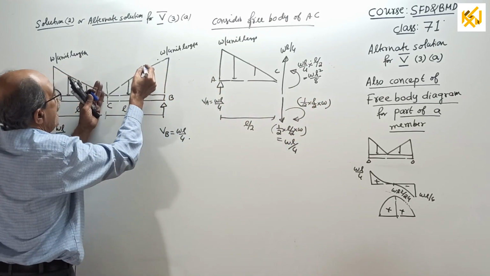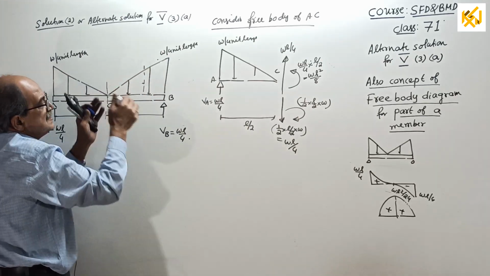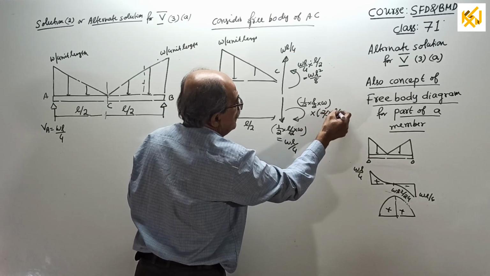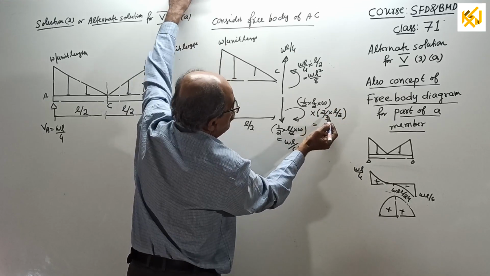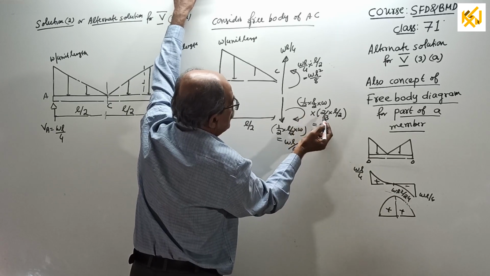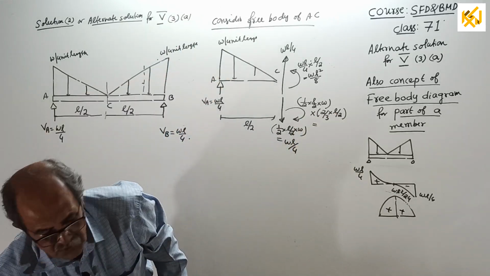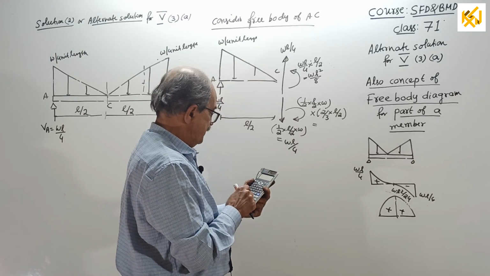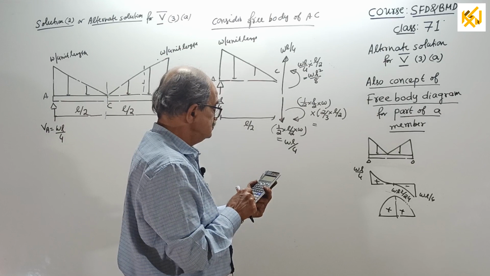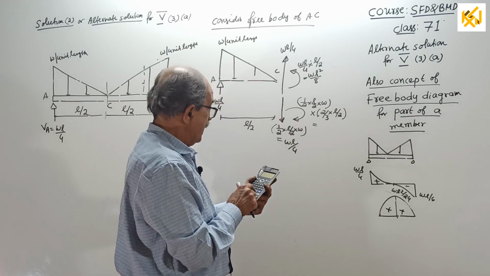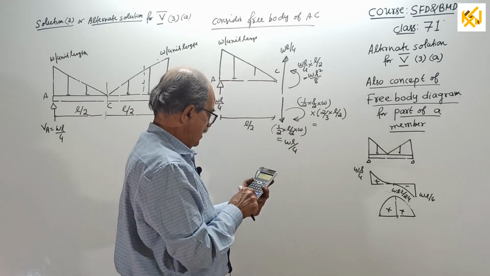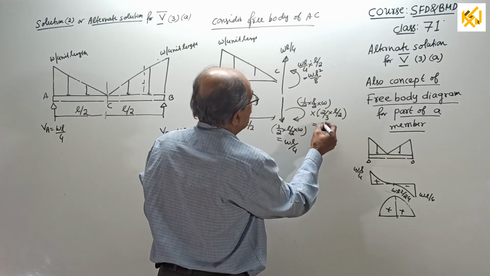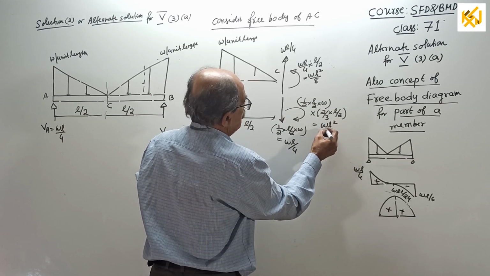This total load acts at 2 by 3 of L by 2 distance. Why should I struggle? Use the calculator. 1 by 2 into 1 by 2 into 2 by 3 into 1 by 2. Oh, the calculator is not on. 1 by 2 into 1 by 2 into 2 by 3 of 1 by 2. WL square by 12.